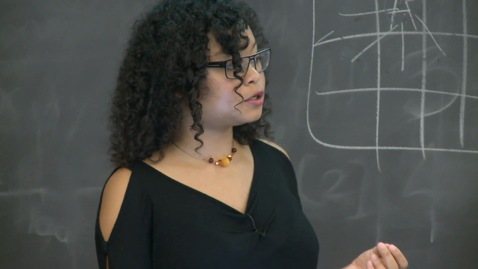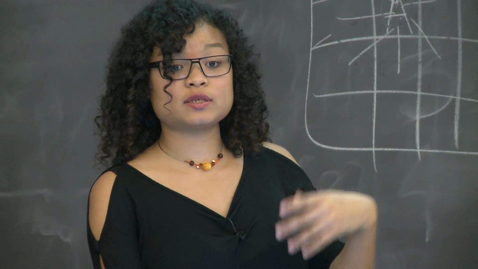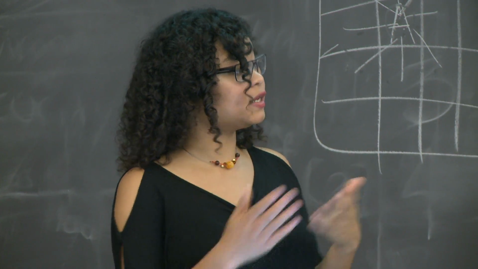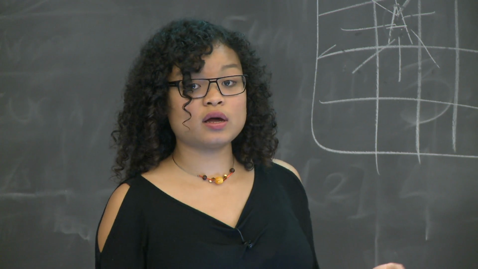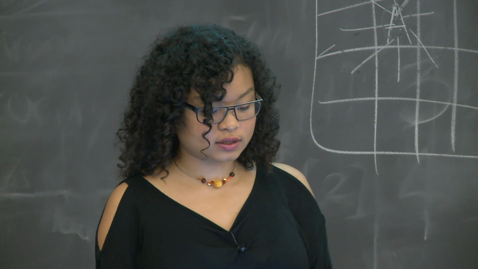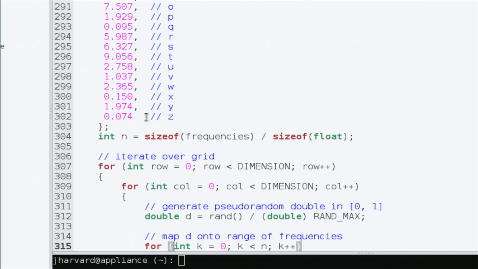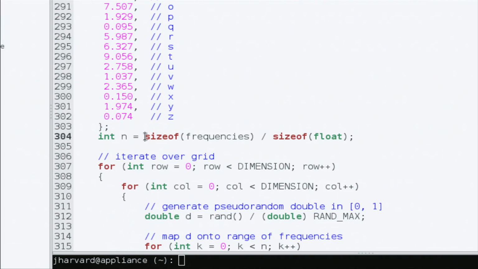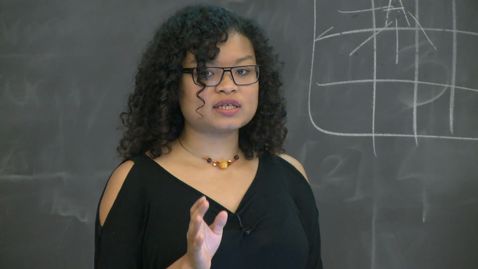So we want to populate the grid. What this function does is populate the grid with letters relative to their frequency in this array. Now this is using this syntax, sizeof frequencies.